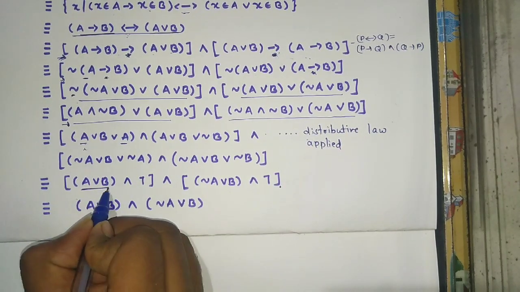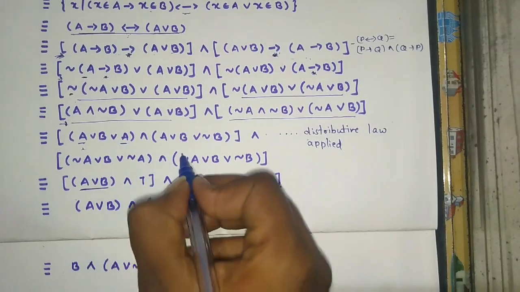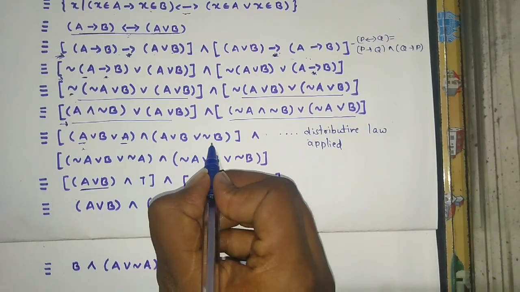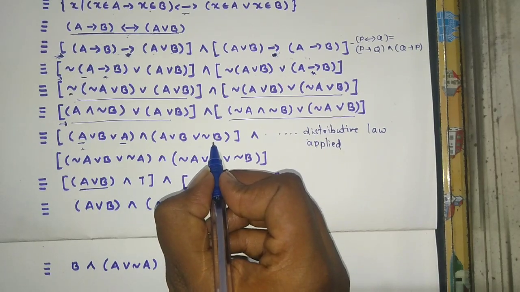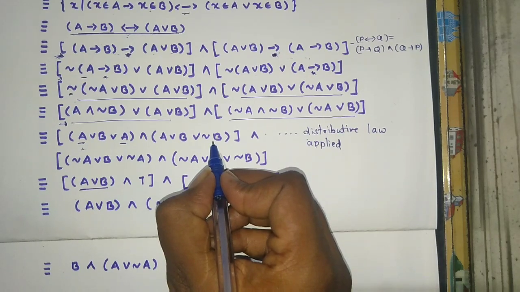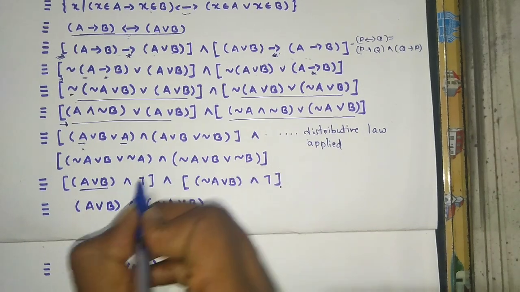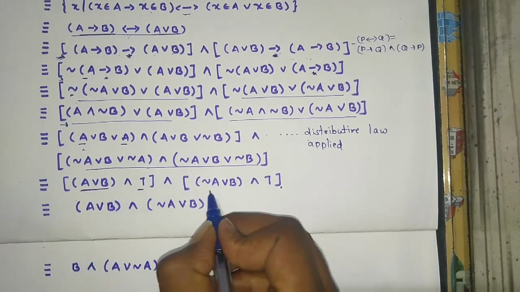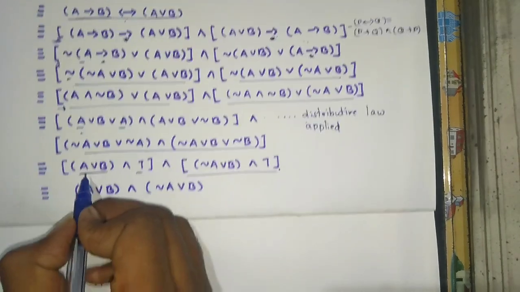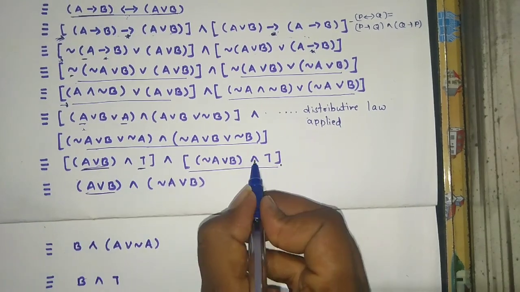So here we got A or A is A, and B as it is, and here B or negation B. As we know, if we have one element with its negation and both are in OR, we are getting T, and T or something is always T, so here is T. Same case with this step, so we are getting this. As T is ANDed with this term, this term is as it is.